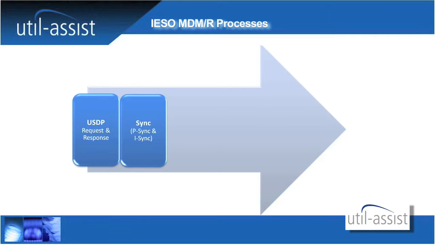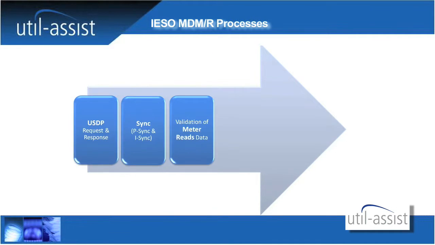These first 2 processes define the USDP in the MDMR before meter reads can be submitted and processed and stored for billing purposes. When meter reads are submitted from the LDC's AMCC, the files are validated by the MDMR to ensure that they conform with the structure and content requirements. Once the meter read files pass the initial validation checks, the MDMR performs VEE processing to validate each interval and estimate any missing intervals.